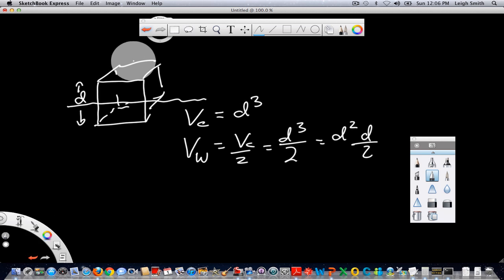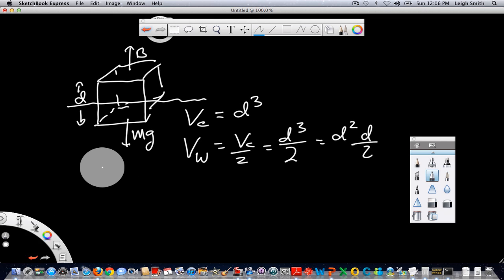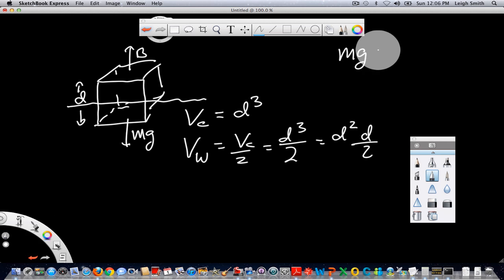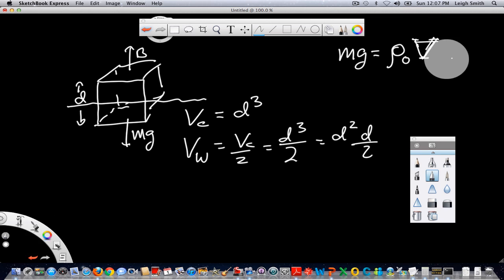And again, you have a free body diagram, and so the buoyancy force has to support the weight of the object. The weight of the object is just the density of the object times its total volume, which, as we said, is d cubed.